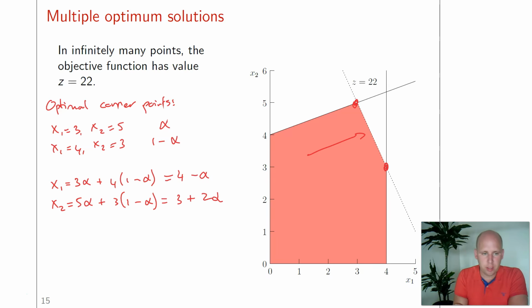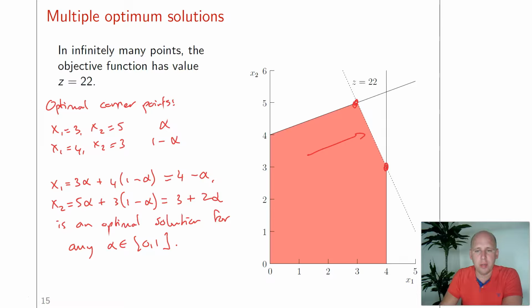This is an optimal solution for any alpha in between 0 and 1. So any convex combination of those two corner points is also optimal.